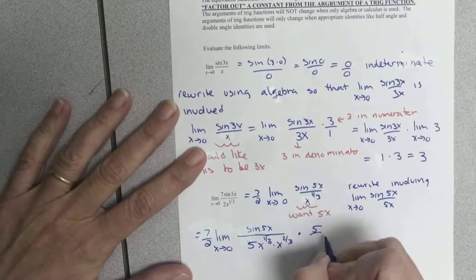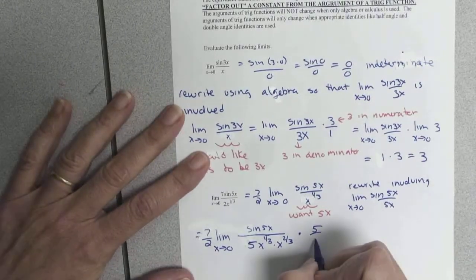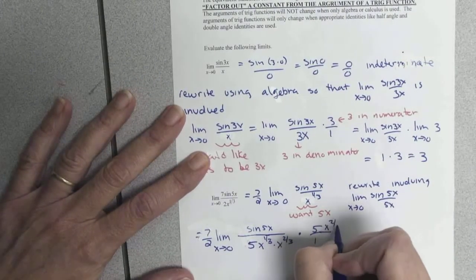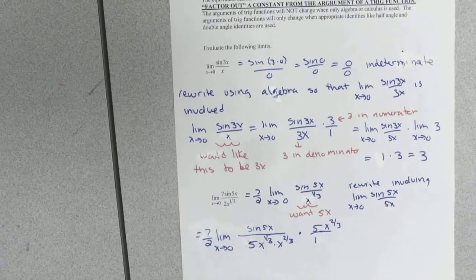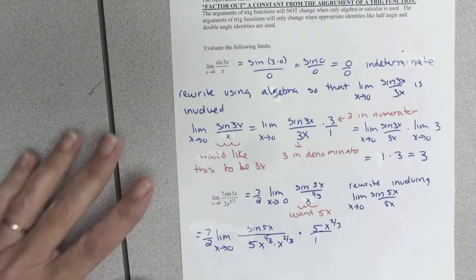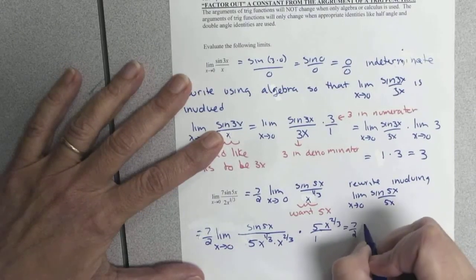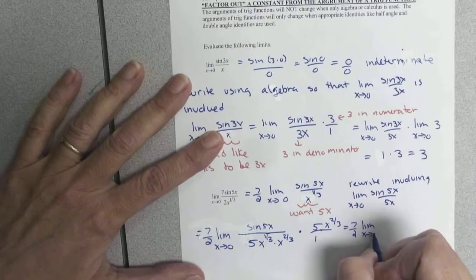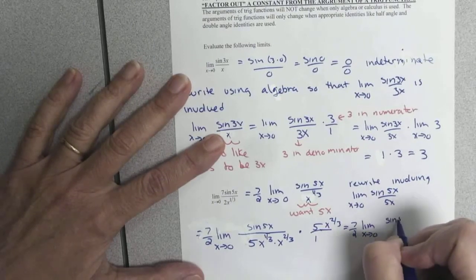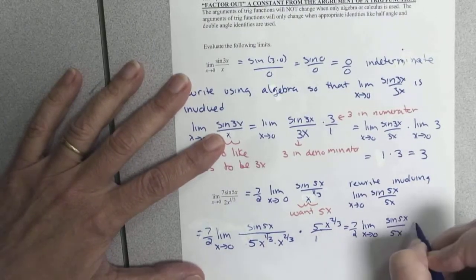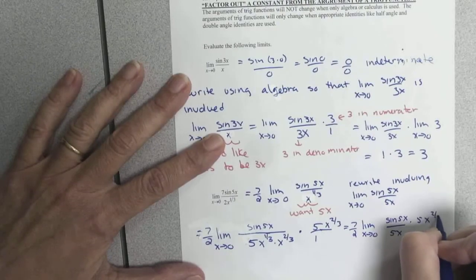Well, I just put a 2/3 in the denominator. I better put a 2/3 in the numerator. Whatever you put in the denominator, be sure you compensate in the numerator, or vice versa. If you put something in the numerator, compensate in the denominator. And so what I've got here then is 7/2, limit as x goes to 0, sine 5x over 5x times 5x to the 2/3.